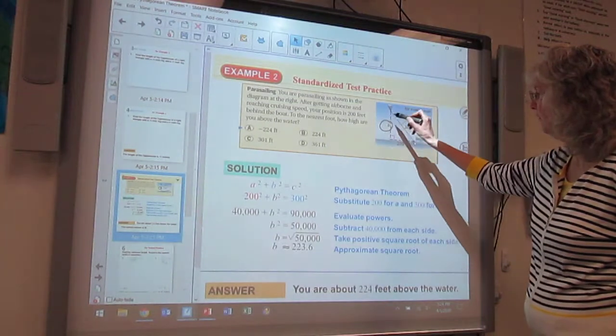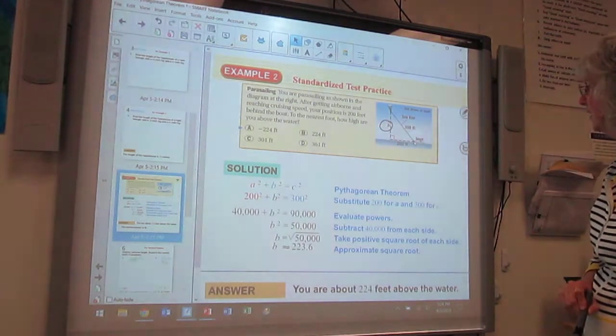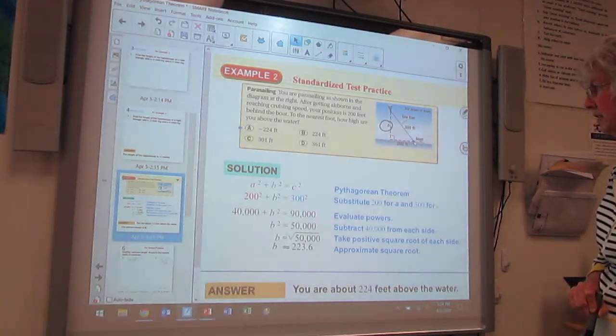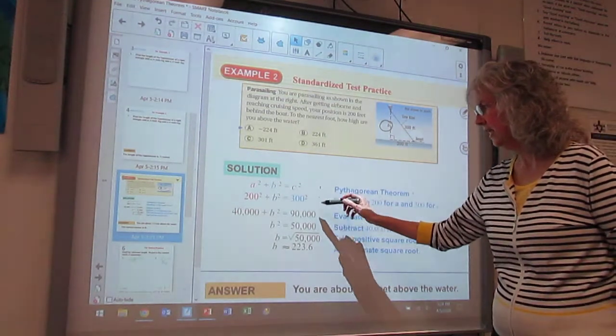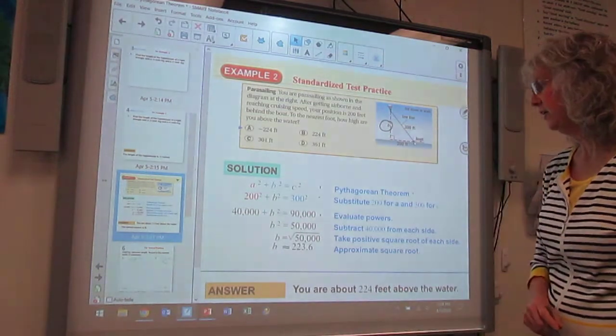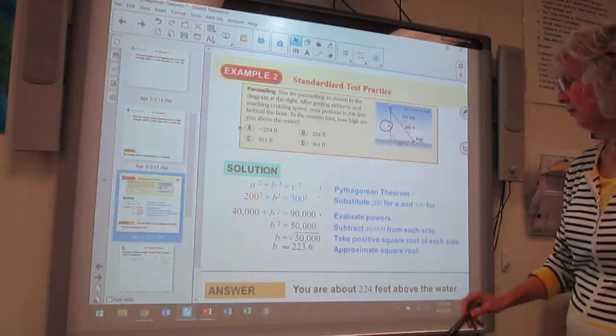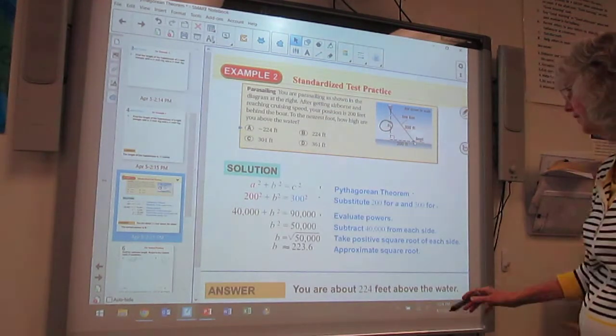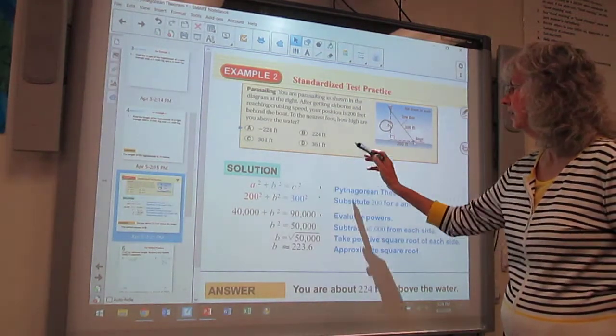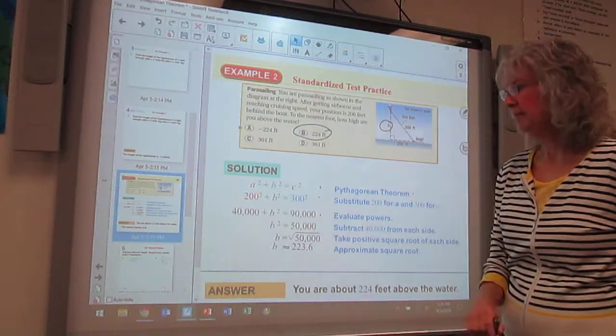We've got 200 feet, and B are my legs. The tow line is the hypotenuse. We put down our formula, plug in the numbers, evaluate those squares, and we're going to come out with approximately 224 feet above the water line. So the answer is B.